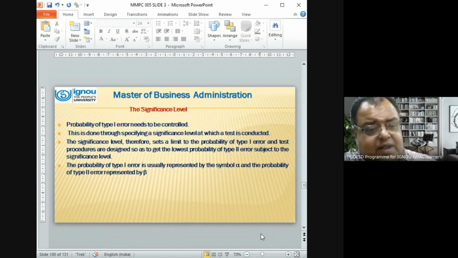Significance level. The probability of type 1 error needs to be controlled. This is done by specifying a significance level at which a test is conducted.